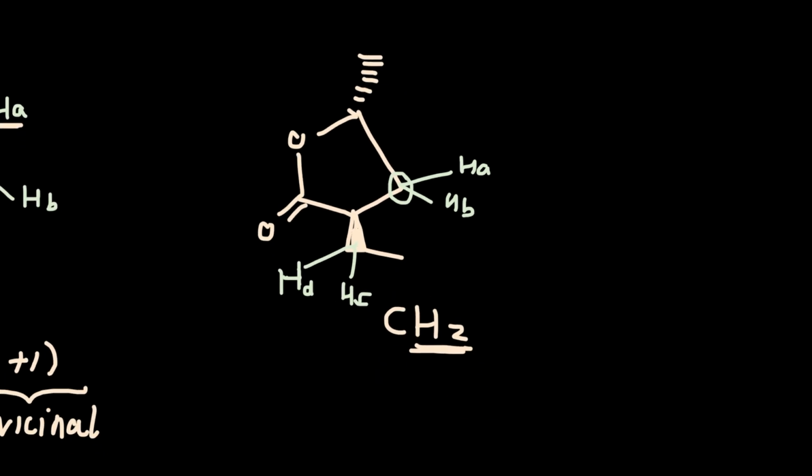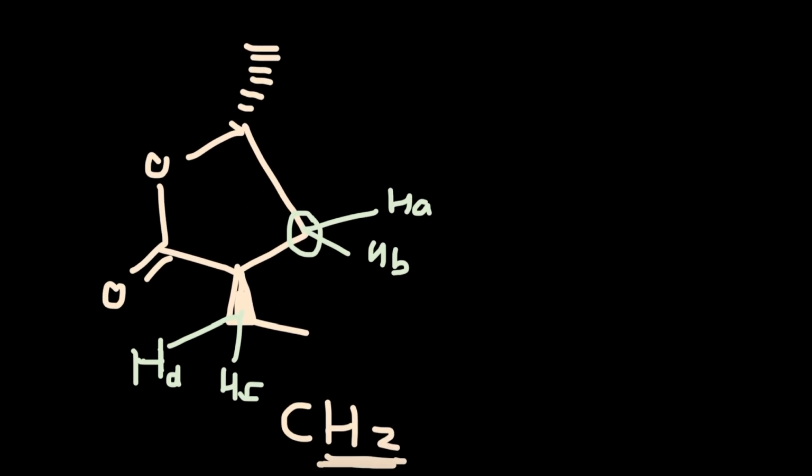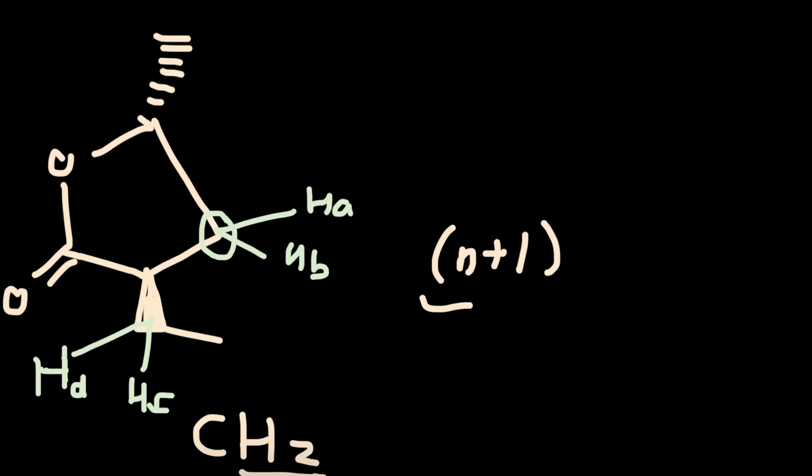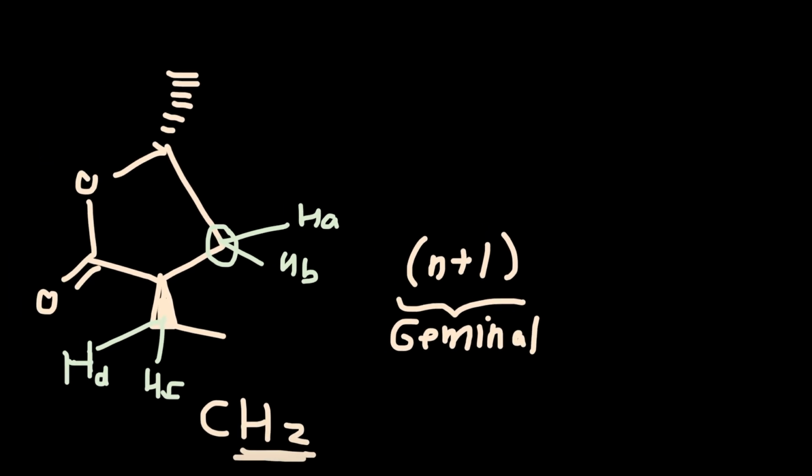If we want to find the coupling pattern for HA, we would say adjacent proton plus 1, and this ends up being the geminal proton, the proton on the same carbon. Whereas if there weren't any chiral centers, if these were not diastereotopic protons, then we wouldn't even consider geminal coupling.